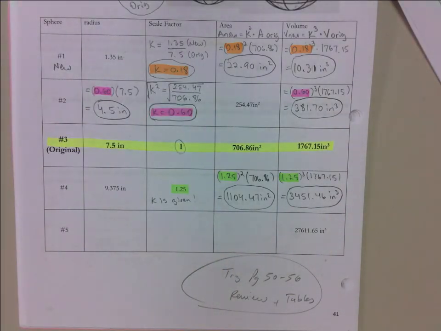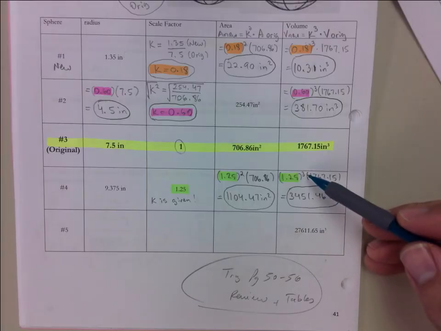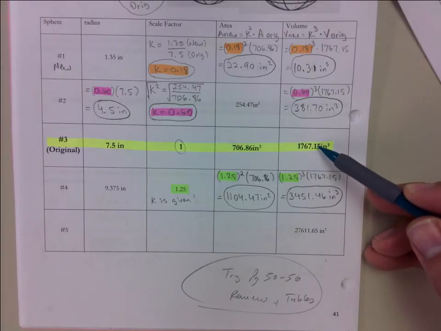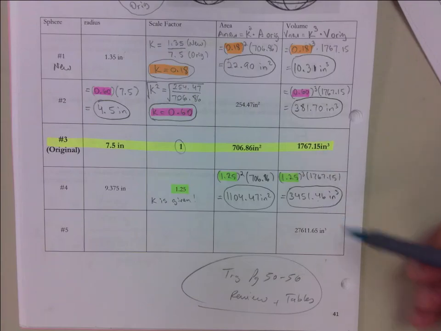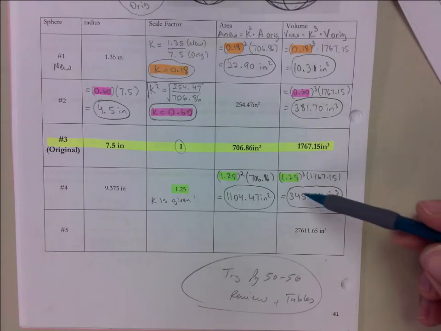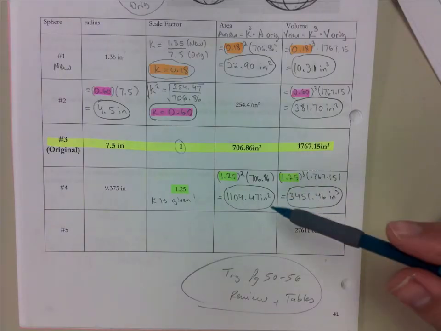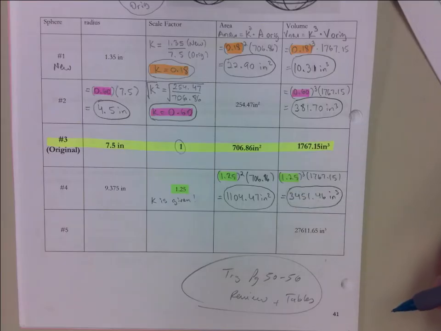There's your new volume. So I cubed it, all right, folks? I cubed it here, multiplied it by the original. Do I need to show all my work in the box? Not necessarily. You could do it outside the box. That's fine.